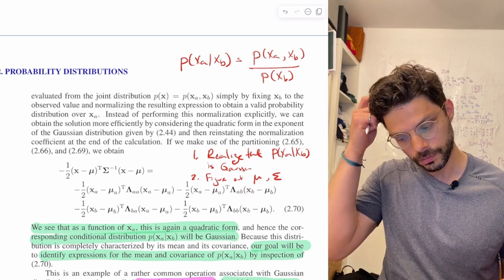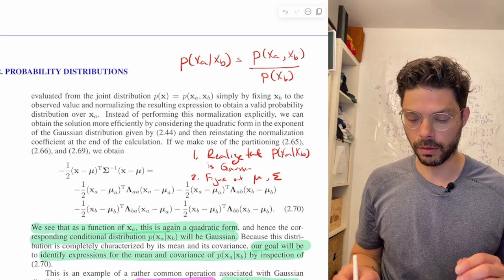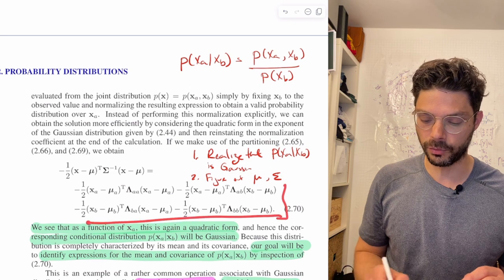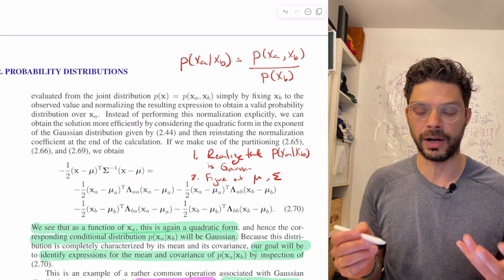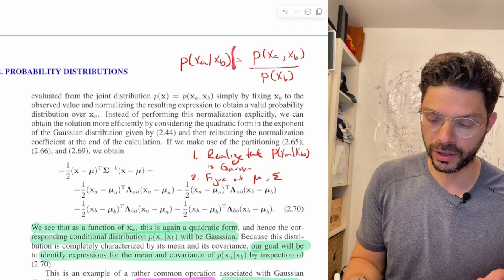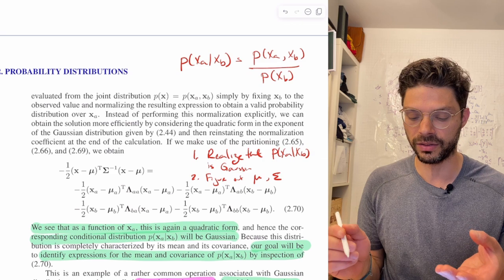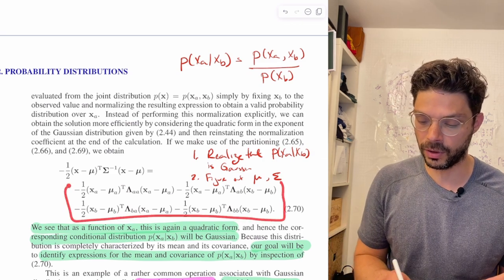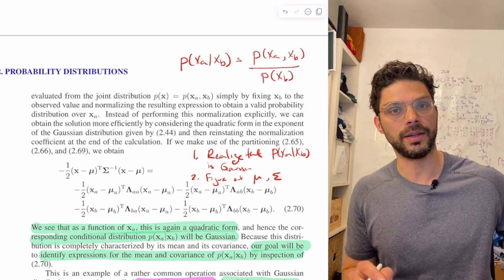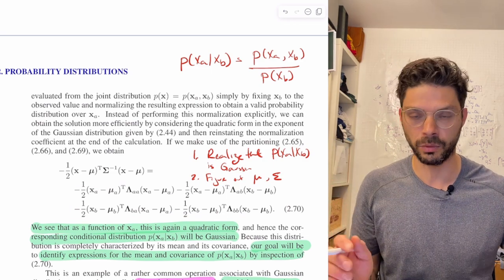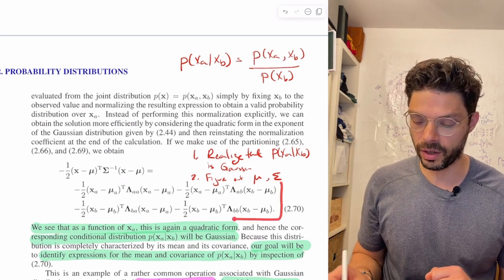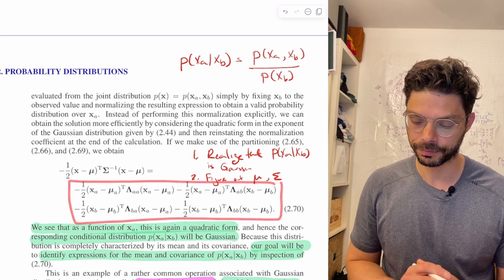We view what's left as a function just of x_a, with x_b being a constant. We view this exponent in the same way. Everything else in the probability distribution is a normalizing constant; we'll worry about that later. We're just going to see what form this is going to take.